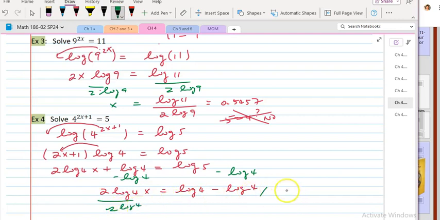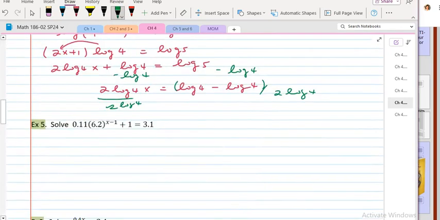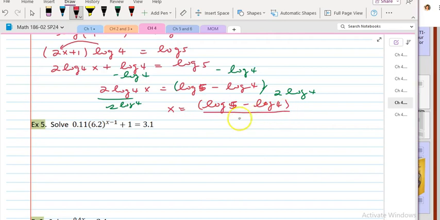Of course, I'm dividing the whole thing. Great. So the answer would be x equal log 5 minus log 4, over 2 log 4. This is log 5, copy error.